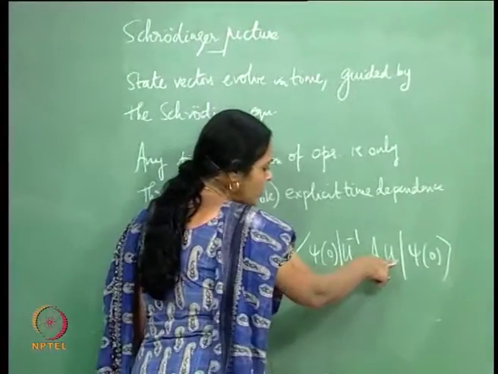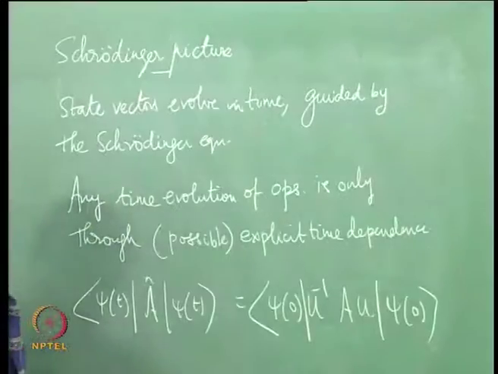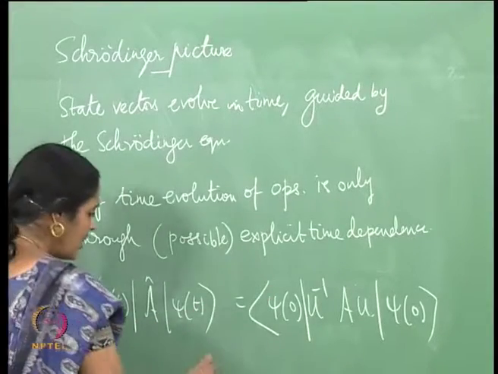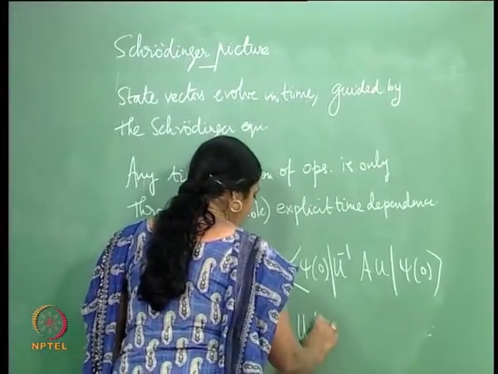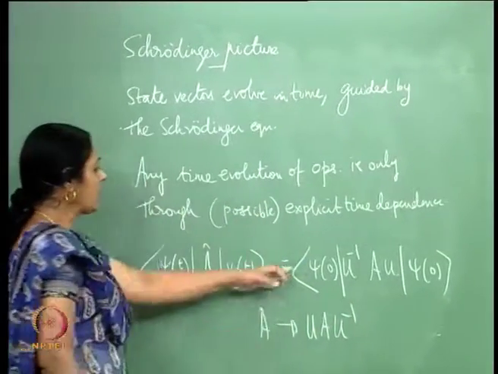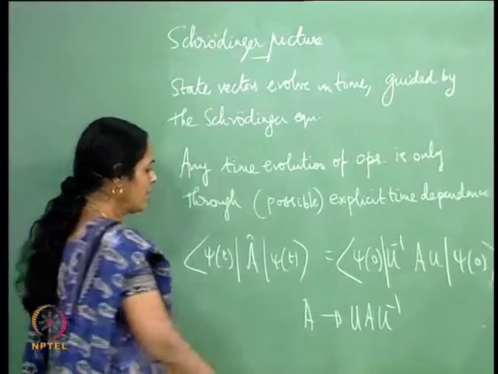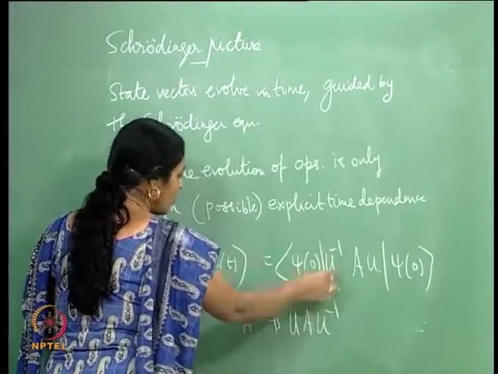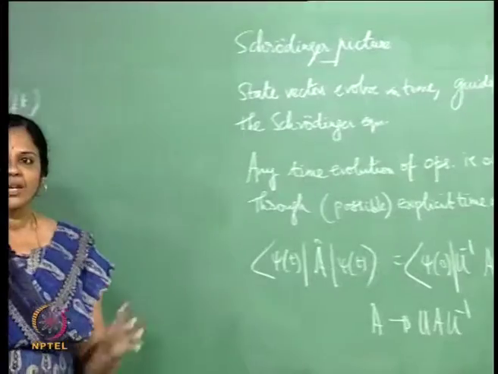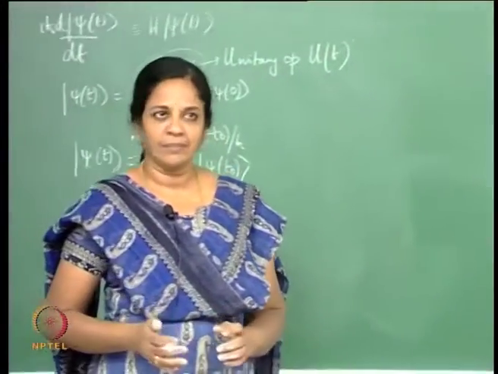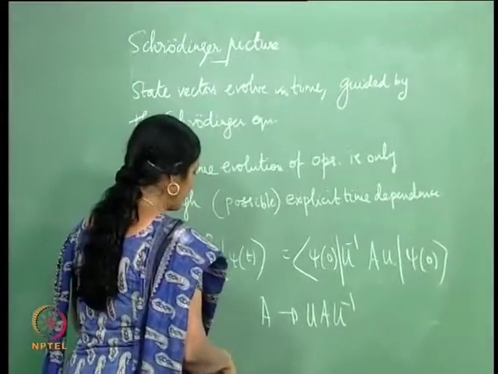So, this would be U of t comma t naught, this U inverse of t comma t naught. So, this is what you have. Now, if A itself in the process went to U A U inverse, then clearly expectation values do not change, because psi of t A psi of t would simply be equal to, U inverse U cancels, and you have psi of 0 A psi of 0, and the expectation value does not change in time. This is what we know in the Schrodinger picture.